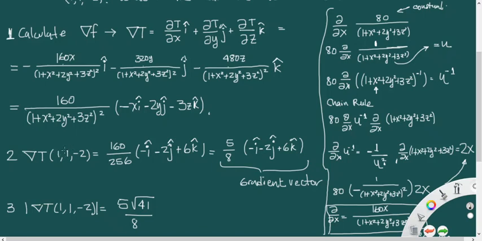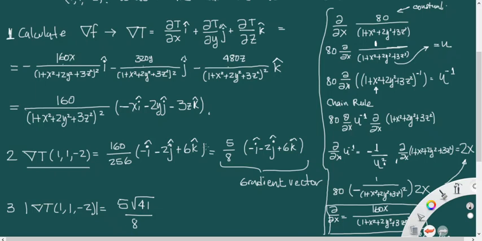And if you do the substitution in these two expressions, this is equal to 160 over 256 times this vector. And simplifying these calculations, we will end up with 5 over 8 times minus i minus 2 times j plus 6 times k. And this is the gradient vector evaluated at this point.